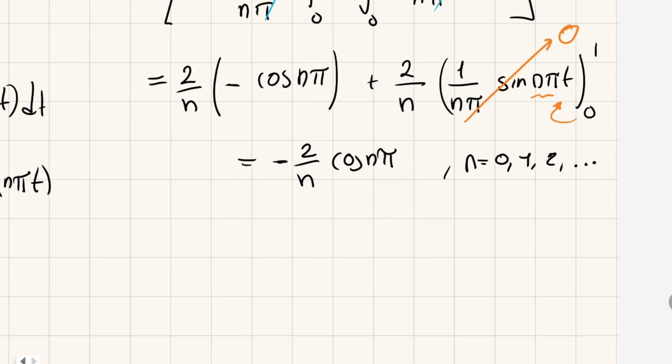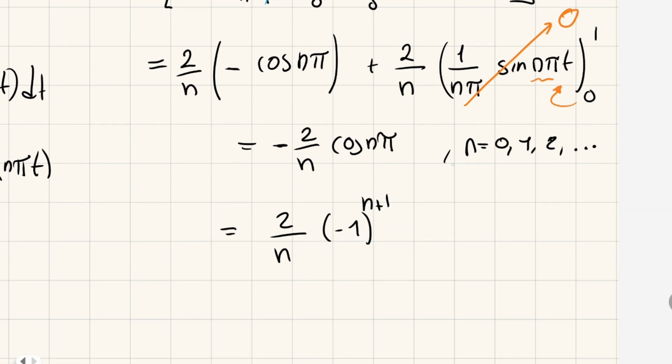Okay, and remember that this can be seen as minus 2 divided by n times, or let me write this in this way, it will be 2 divided by n times minus 1 to the n plus 1.